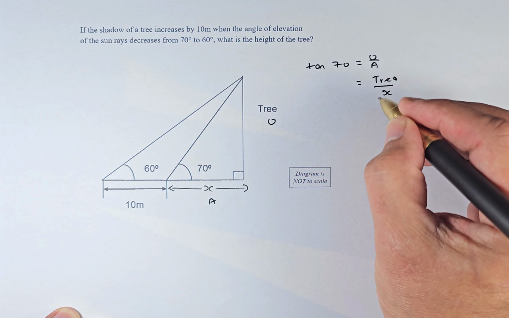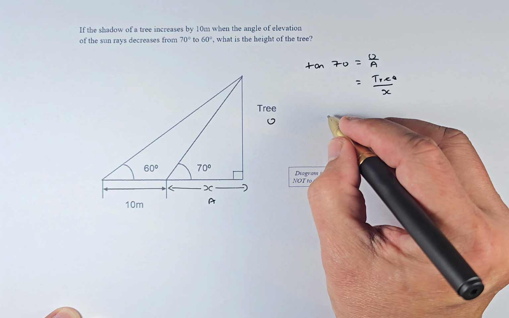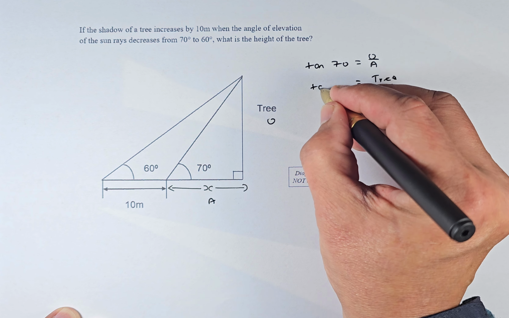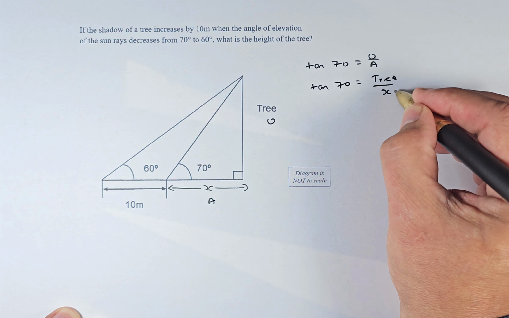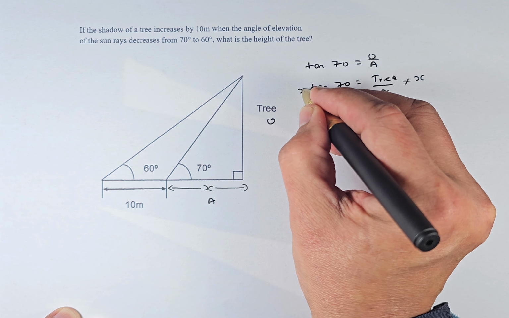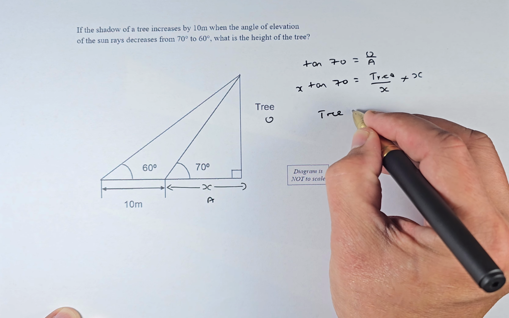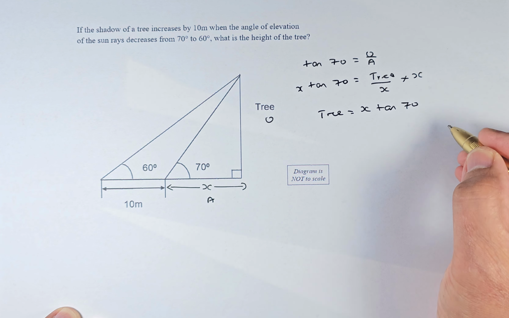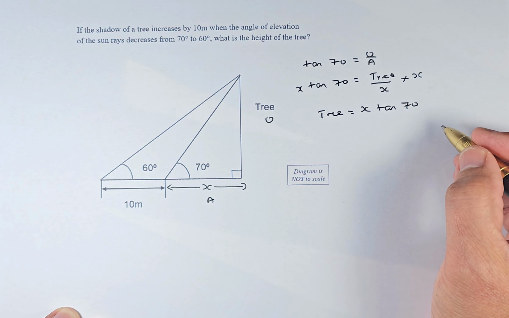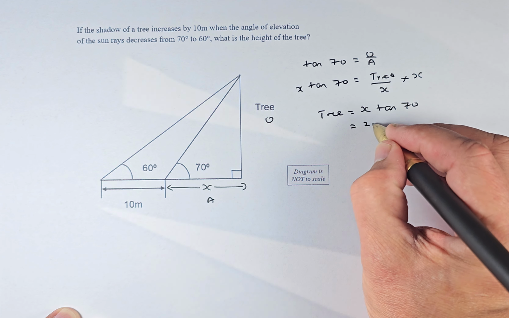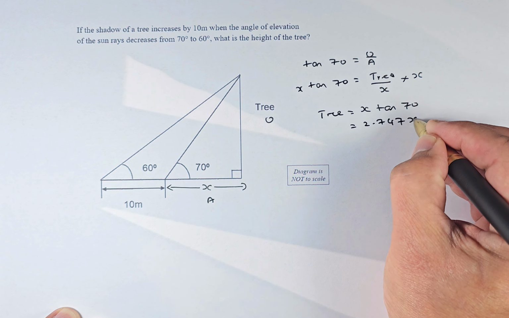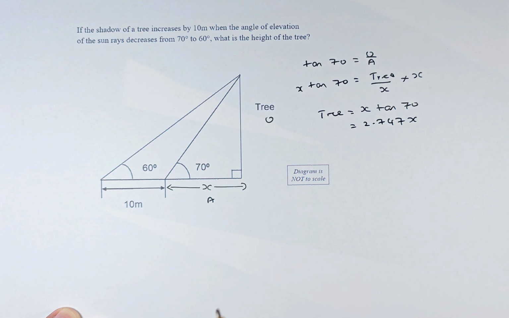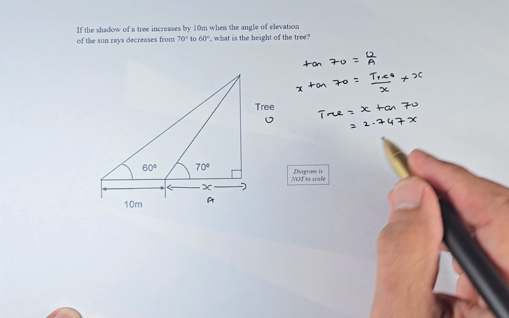To get rid of the x, we multiply by x on both sides. So 3 equals x tangent 70. Put tangent 70 in your calculator, it is going to be 2.747x. So that is your 3 in terms of x.